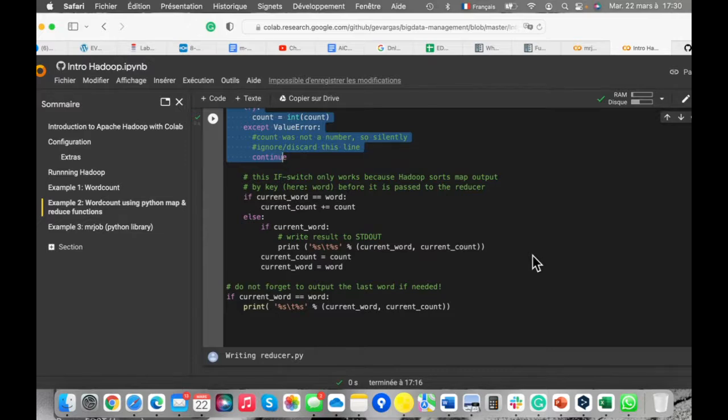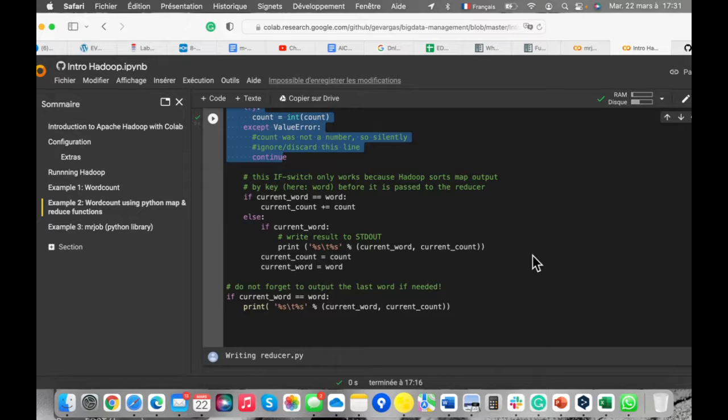And then, in fact, what happens is that the result can contain duplicates. So it's the simplest version of count words, where you can have two times sleep, one.